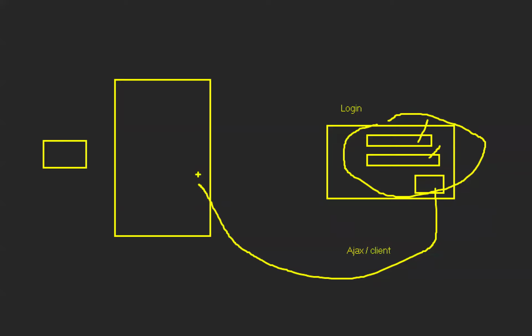Once you send the data to the server, we are sending the username and password also, and those values we are checking with the database. Then the data comes back to the browser, and in the browser we need to decide which page to navigate to, either the welcome page or the invalid user page.